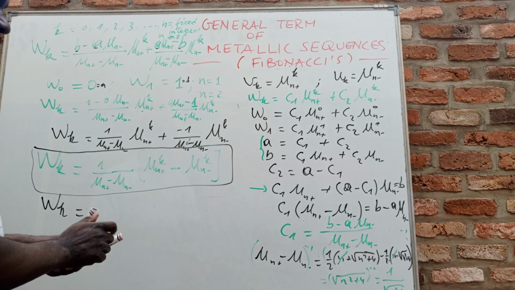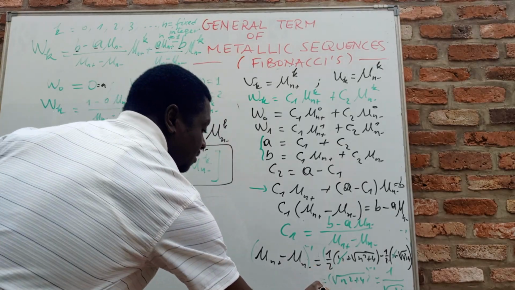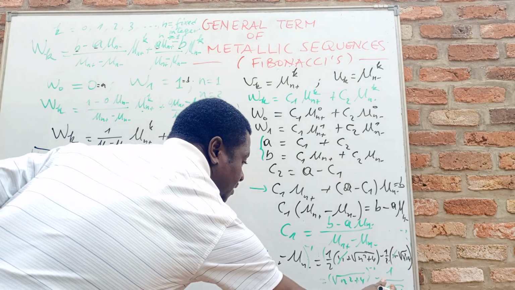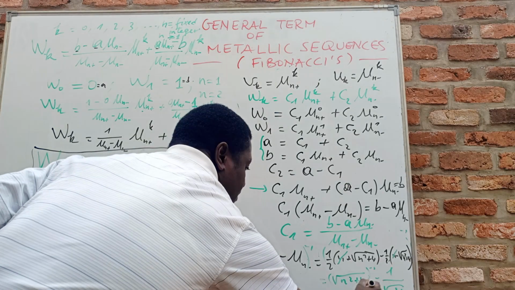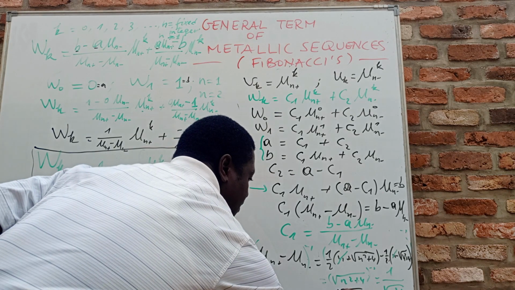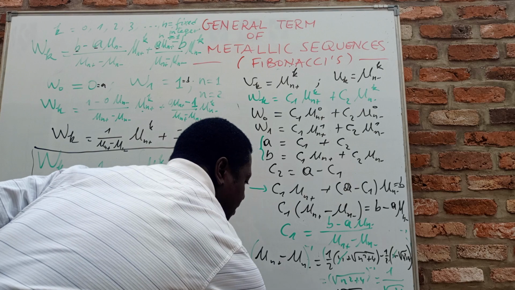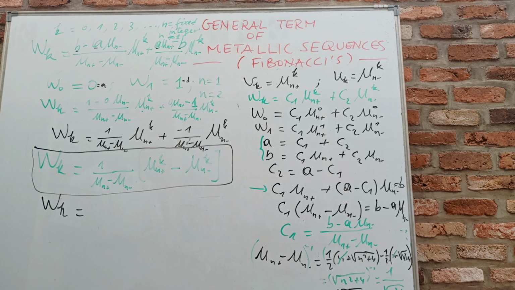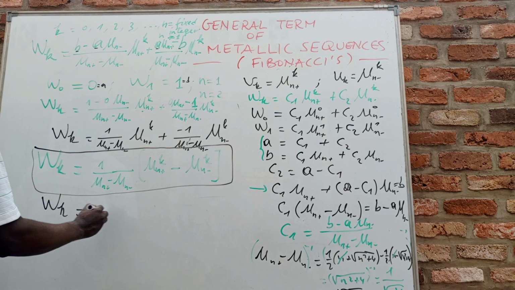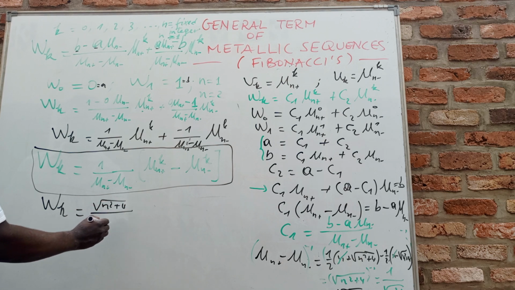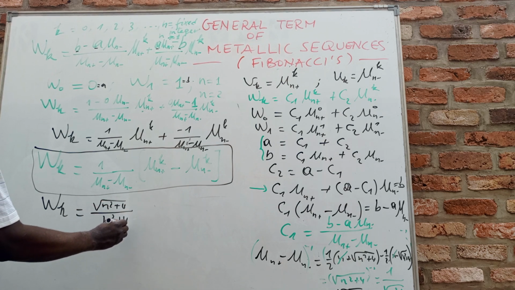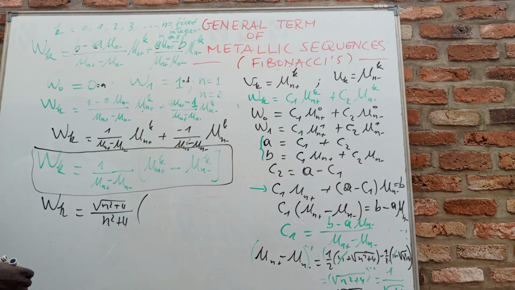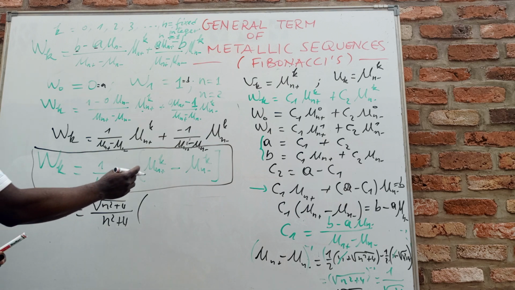By rationalizing the denominator, we are going to have square root of n square plus 4 divided by n square plus 4. Now times z. Now here we can have a half power k here.